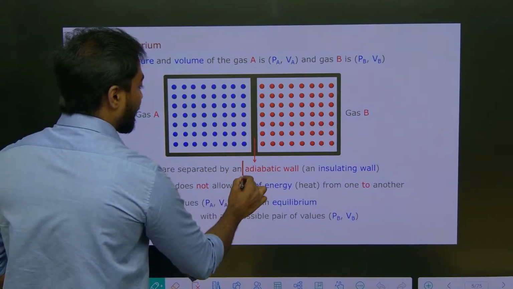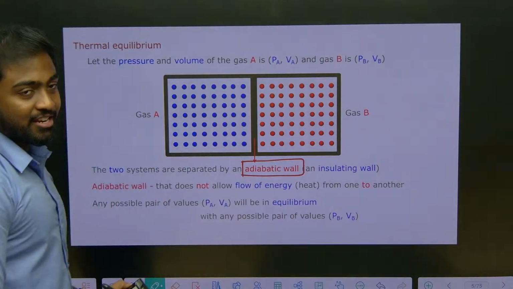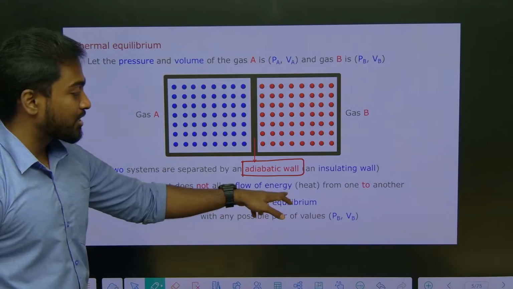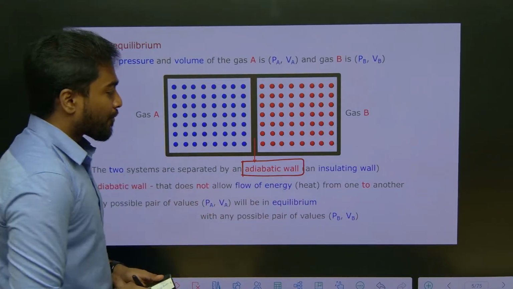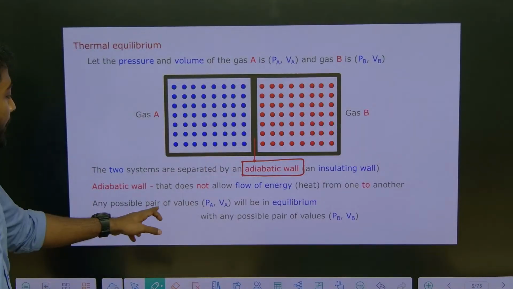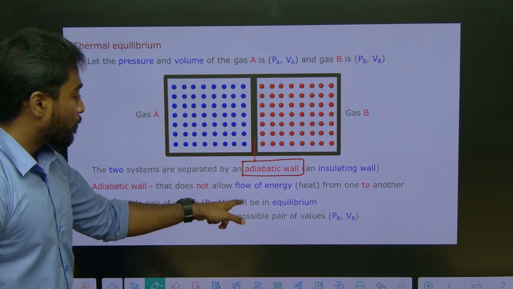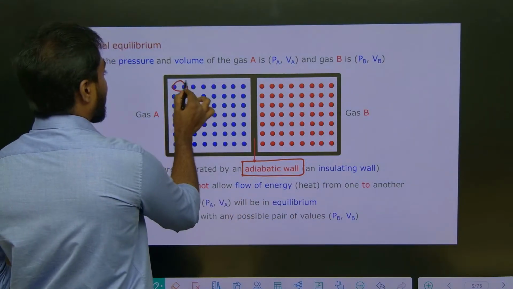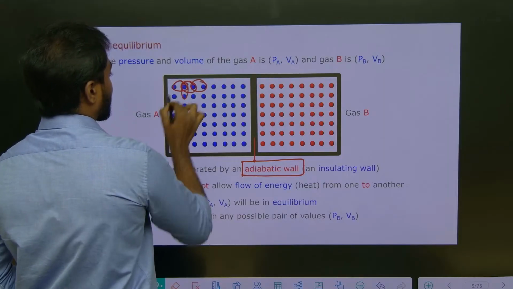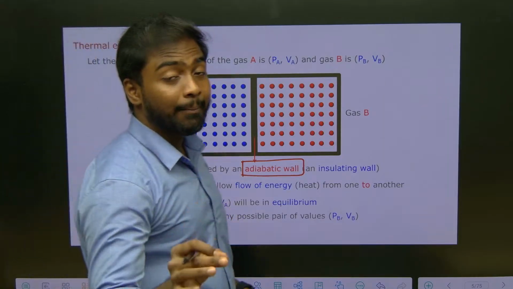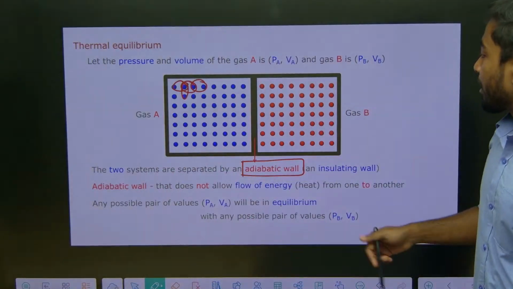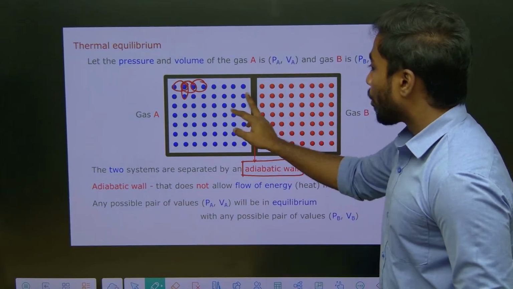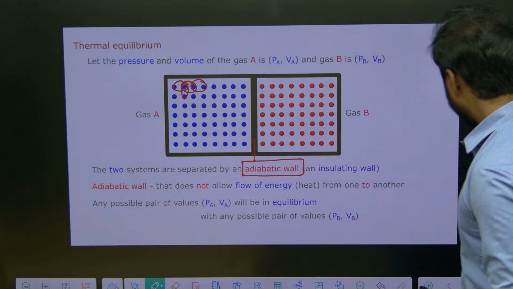Adiabatic means no heat can be exchanged. An adiabatic wall does not allow the flow of energy, that is heat, from one to another. So any possible pair of values PA, VA will be in equilibrium with any possible pair of PB, VB, because we have kept an adiabatic wall here, so no heat can be exchanged.